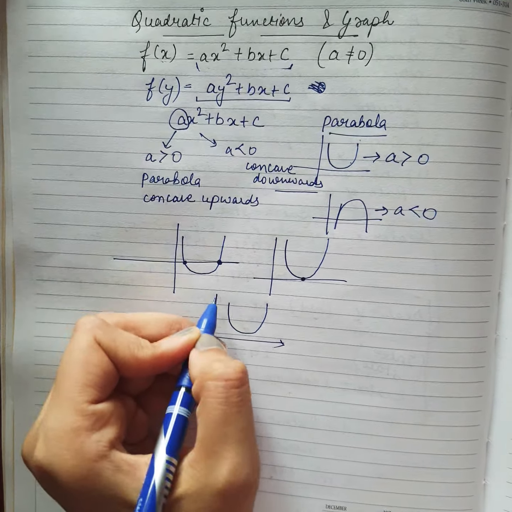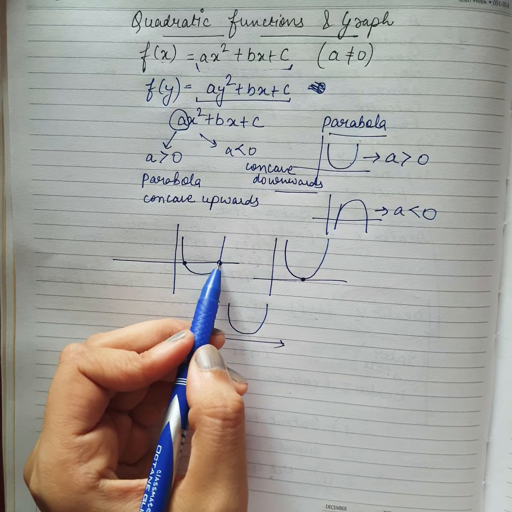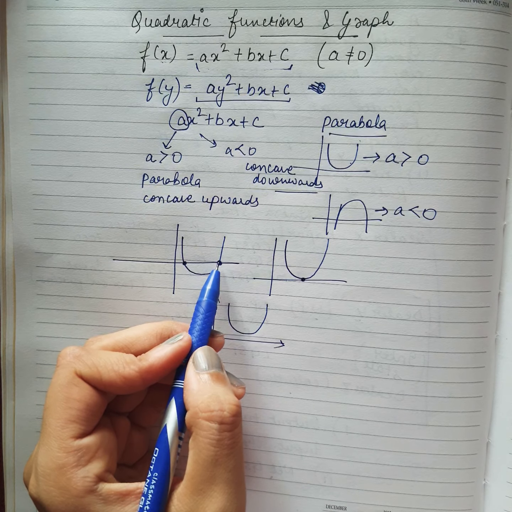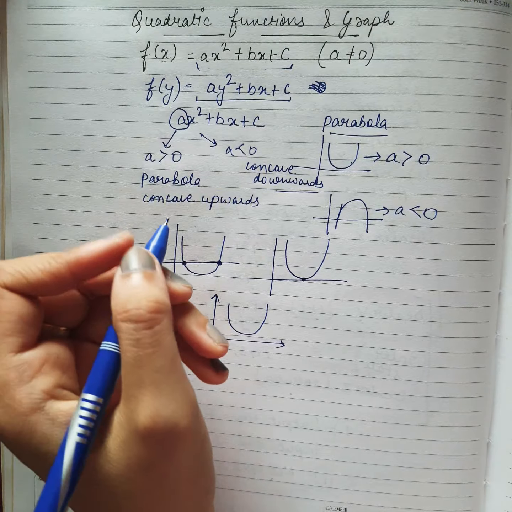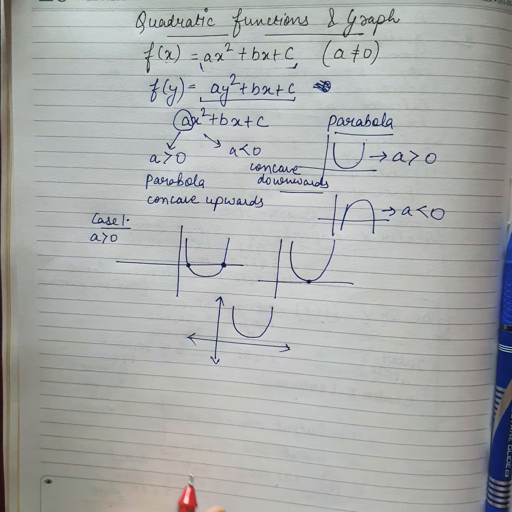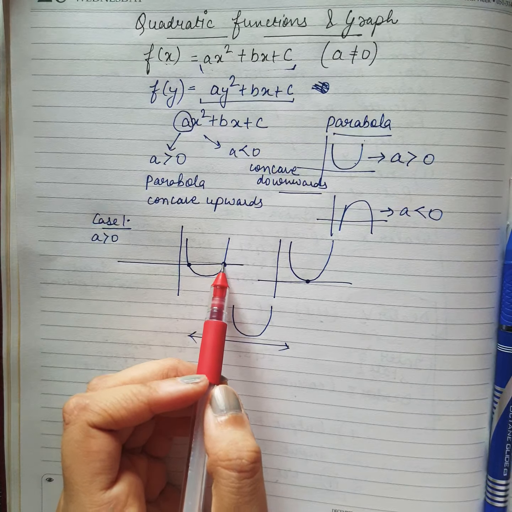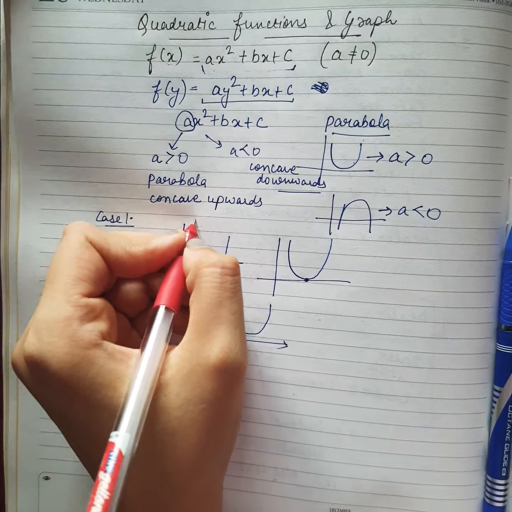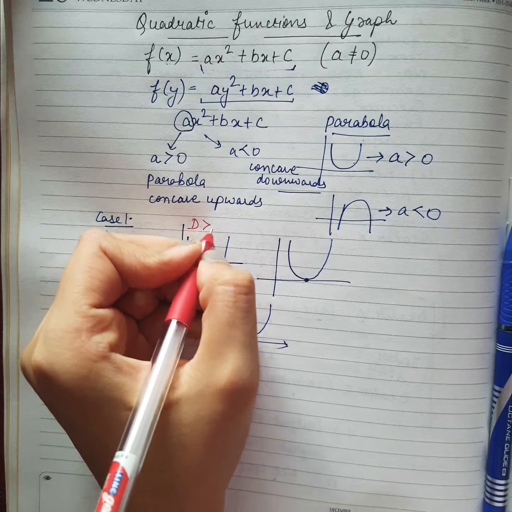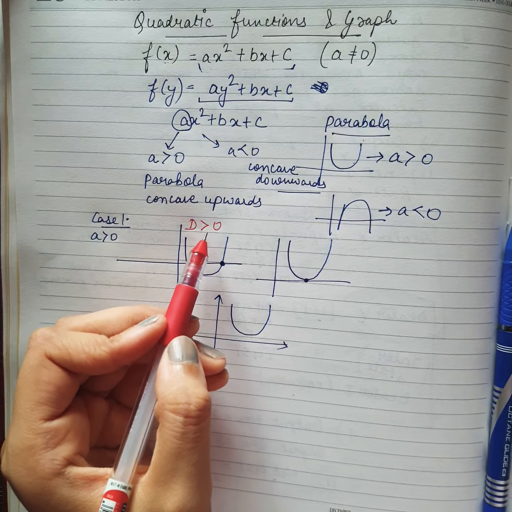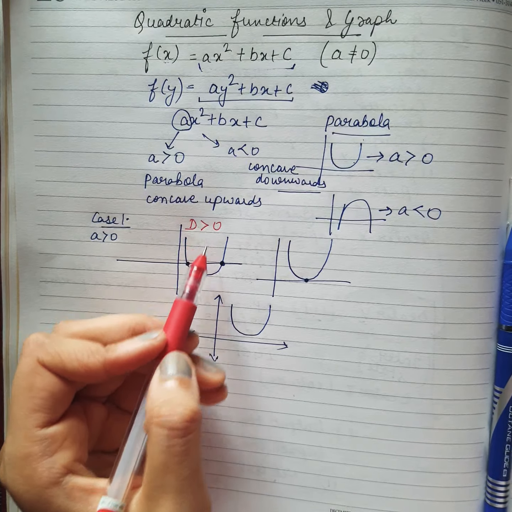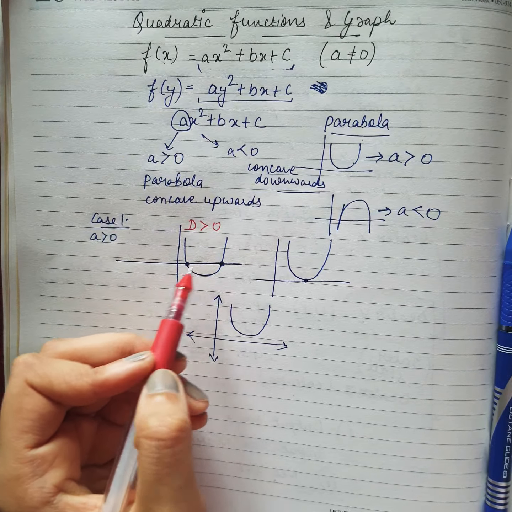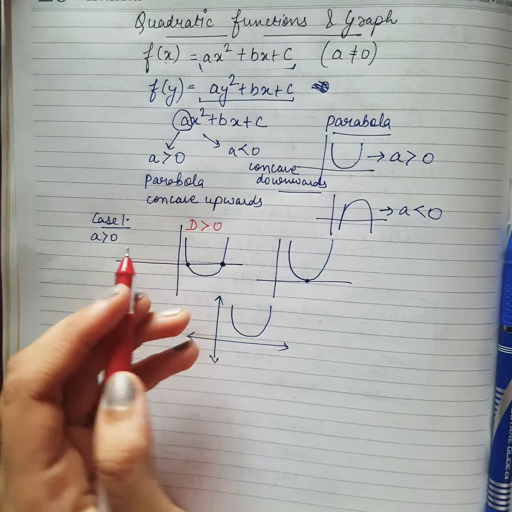Right, now understand this thing. Whenever we have 2 distinct roots, in that case it is cutting x-axis, real axis 2 times. That means discriminant should be greater than 0, because whenever discriminant is greater than 0, the nature of the roots are real and 2 unequal distinct roots.